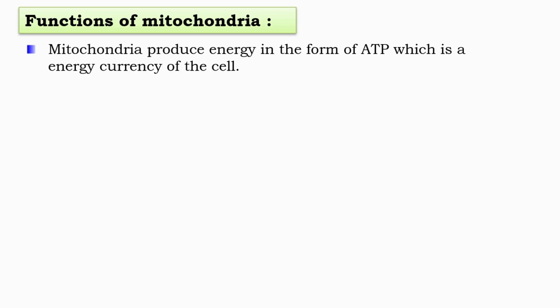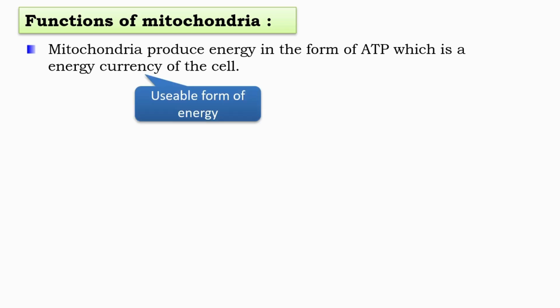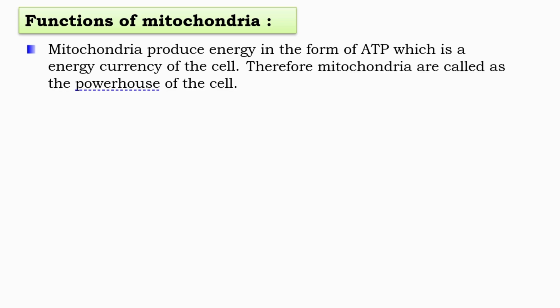Mitochondria produce energy in the form of ATP, which is the energy currency of the cell. Energy currency means usable form of energy. Therefore, mitochondria are called as the powerhouse of the cell.